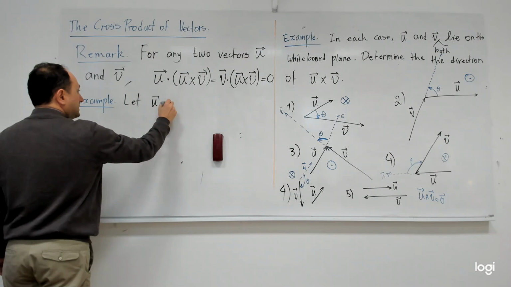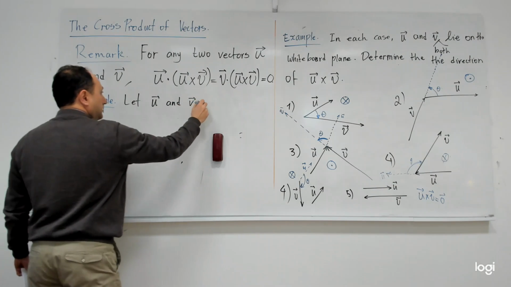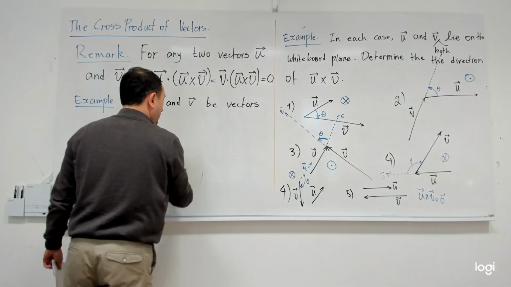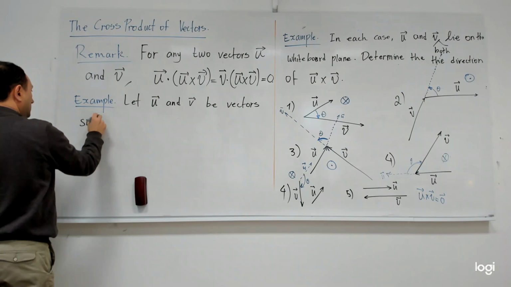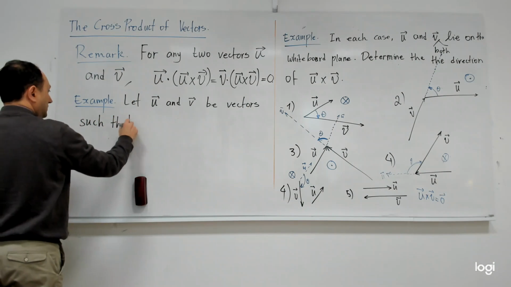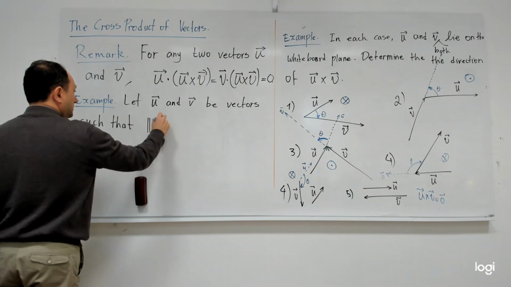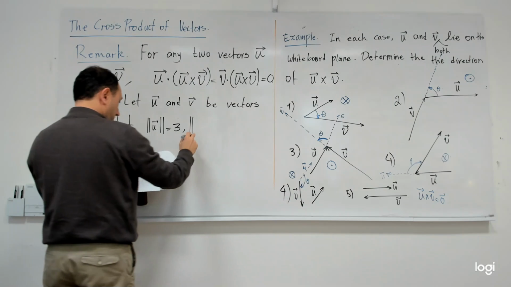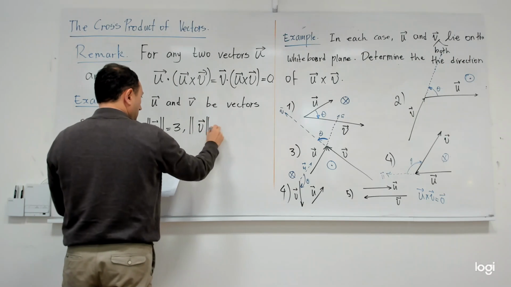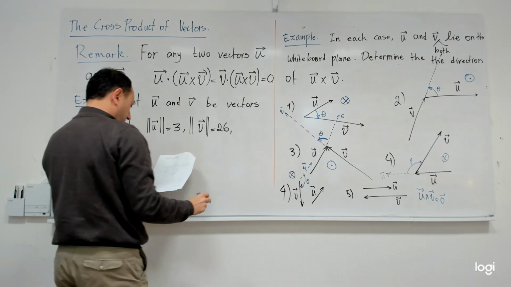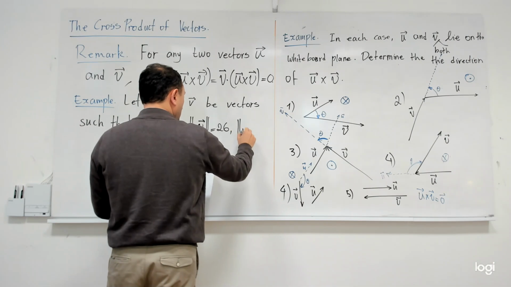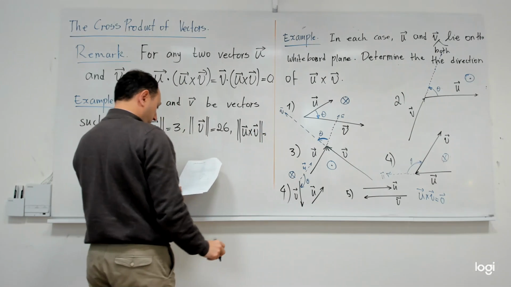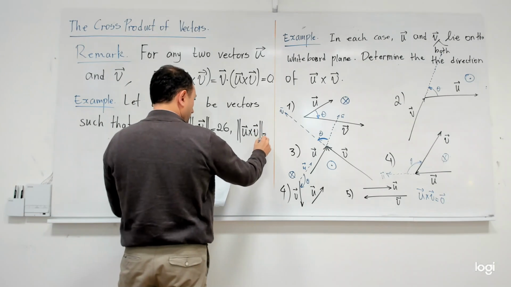Let u and v be vectors such that the norm of u is given to be 3, the norm of v is given to be 26, and the norm of u cross v is equal to 72.